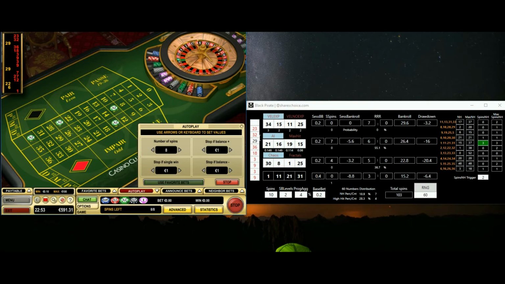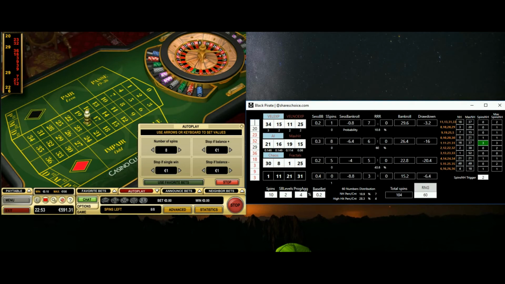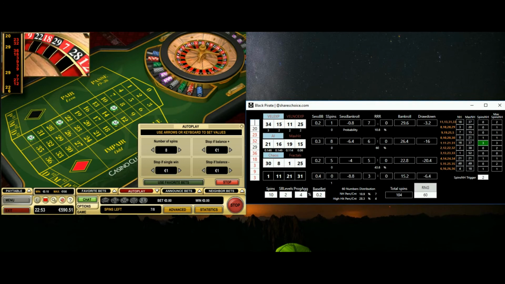But maybe a last comment also for these 10 fixed patterns: you can see I'm calculating non-hit. There's NH and max non-hit, so this can be a good idea for you once you see the non-hit is, for example, touching 80-90 spins for these 4 numbers. It's maybe a good idea to either wait for the first hit and then start betting, or simply start betting when it reaches 90. But be careful.